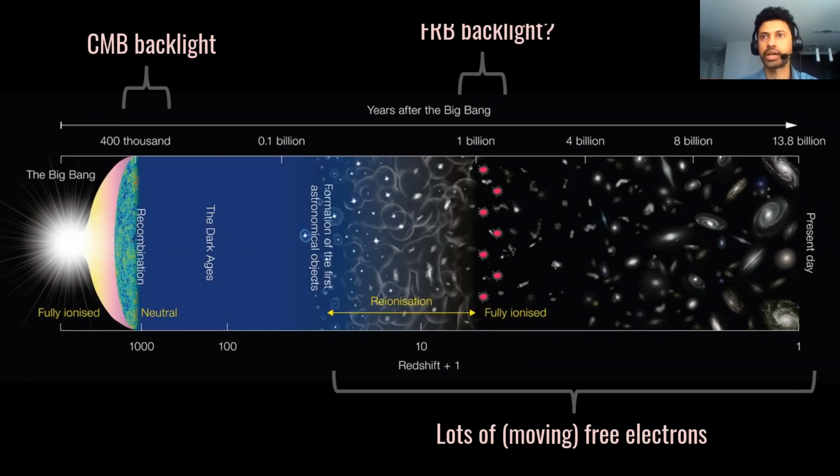So we're all familiar with the idea that the cosmic microwave background is a snapshot of the universe at the point of recombination. Up to that point, the universe is completely ionized, and then hydrogen recombined, and we had a neutral universe until stars started forming, and an energetic phenomenon in the universe started ionizing the universe again, reionized the universe. And now we live in a universe that is practically fully ionized.